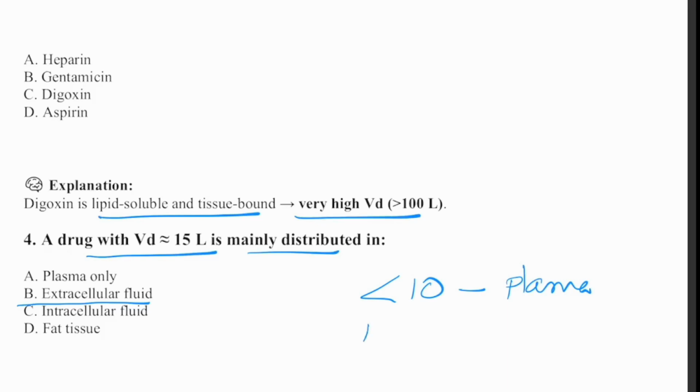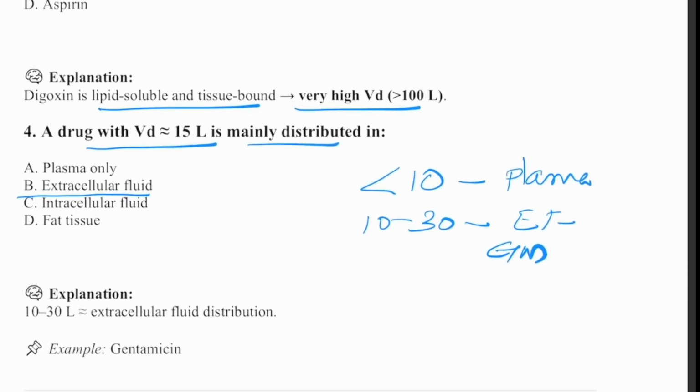Volume of distribution between 10 to 30 liters is extracellular fluid, and a classical example is gentamicin. So less than 10 liters, mainly plasma.